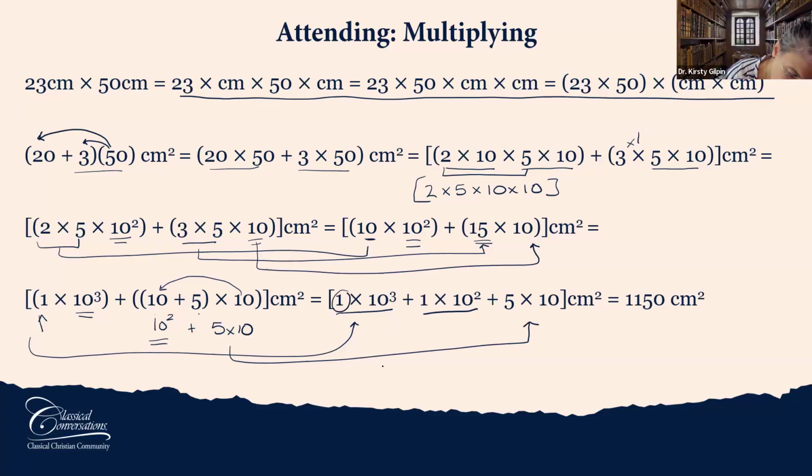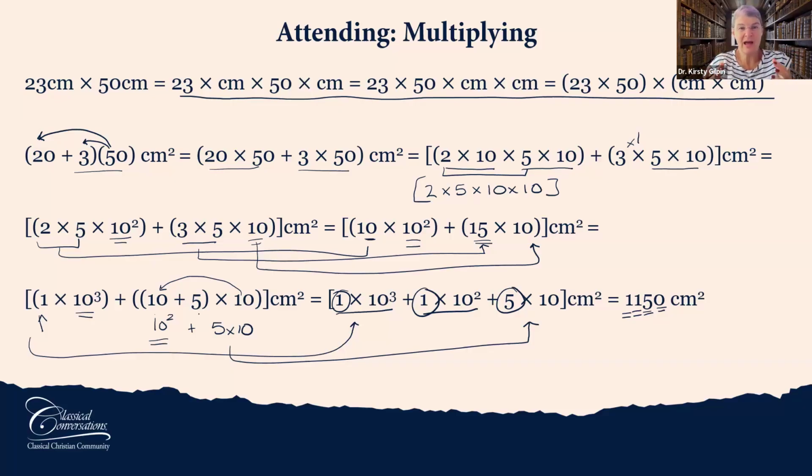And so notice this is my thousands, my hundreds, my tens, and then I have no ones. So I have 0 ones. And that's how I get to my number. This is not how I expect you to teach multiplication to your students, right?